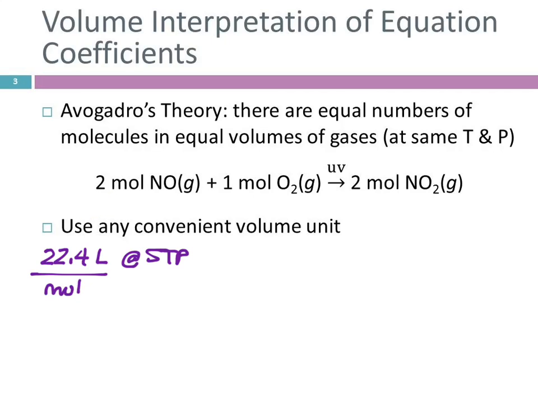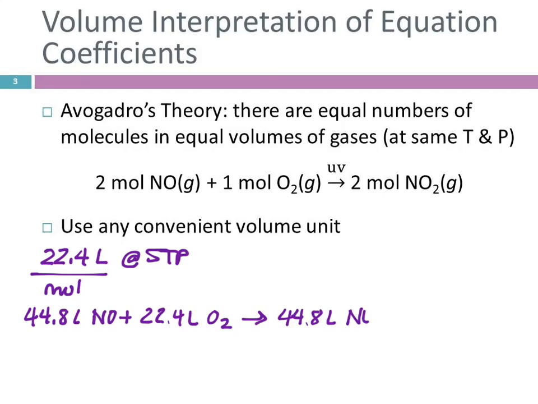This would be 2 times 22.4, be 44.8 liters of NO plus 22.4 liters of oxygen would give us 44.8 liters of NO2 at STP. Because 2 moles of NO2 occupies 44.8 liters. This is the molar volume of any gas, right? Any questions?